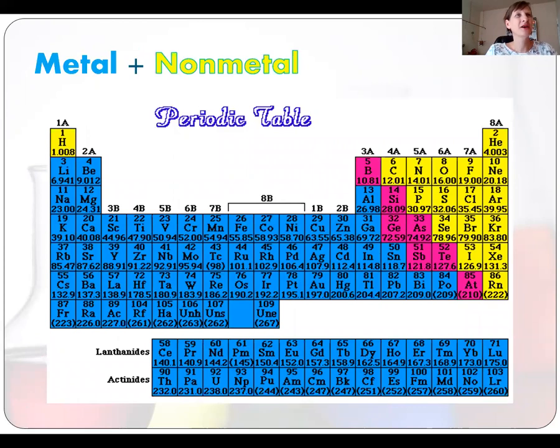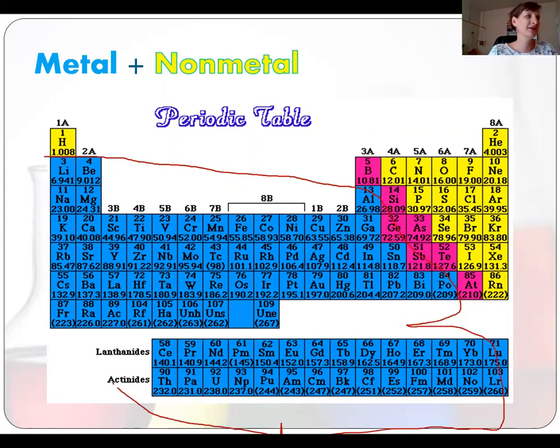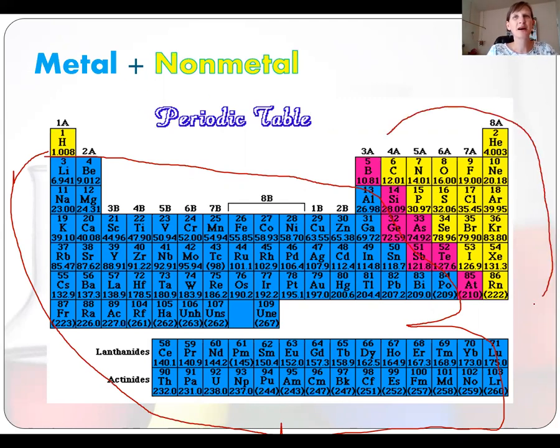So remember, a metal is all of this blue stuff on the periodic table. It will include the lanthanides and actinides. So those are the metals, and they bond with a non-metal, but not the noble gases. I was going to circle those noble gases. They don't actually make any bonds.